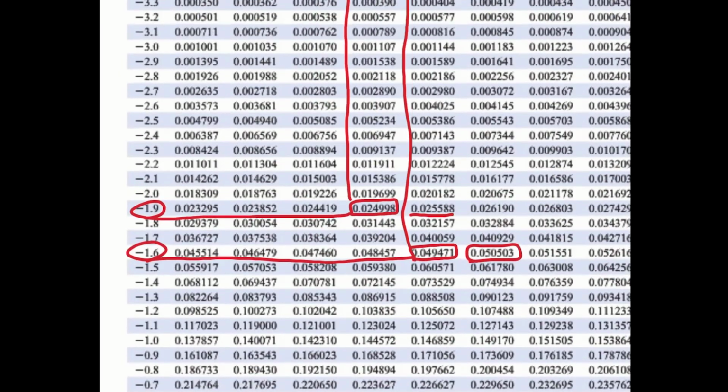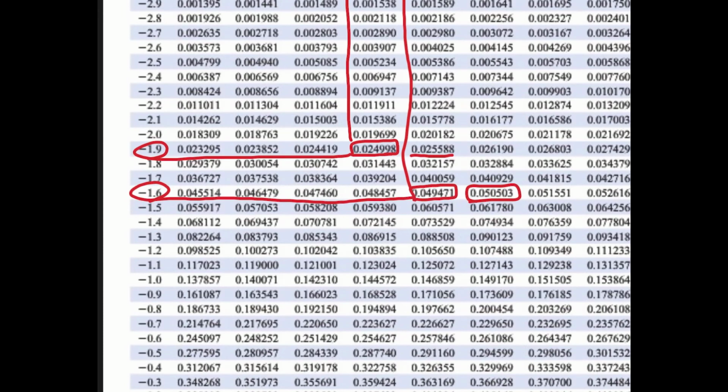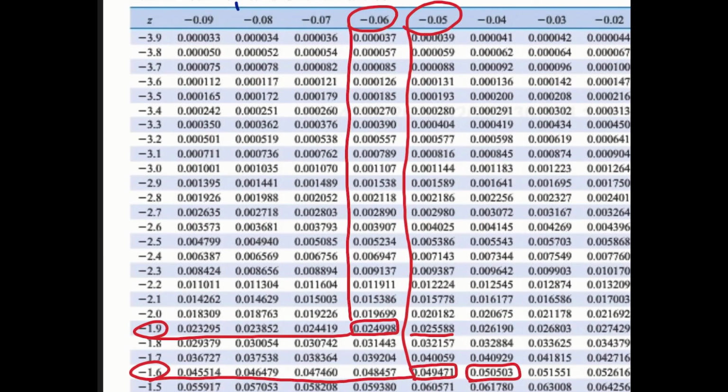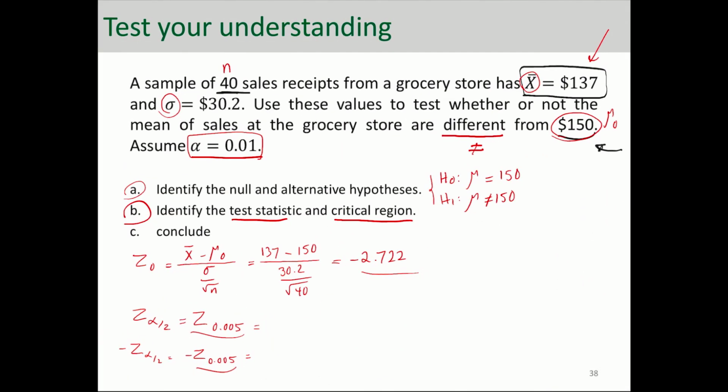I would have to look for 0.005, and 0.005 is here, right? And that is associated with 2.57. So that means this is 2.57, this is negative 2.57.